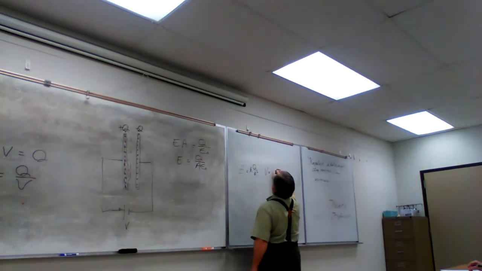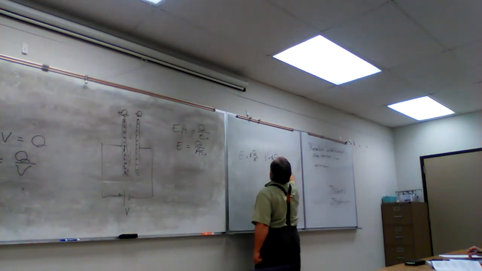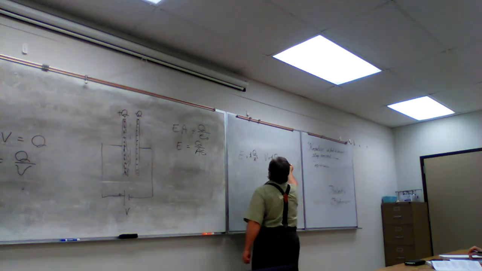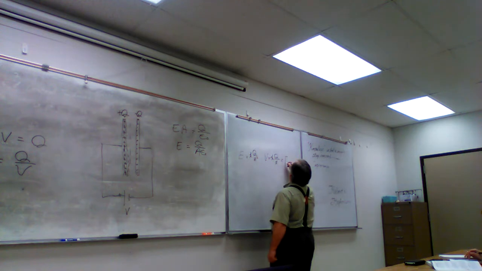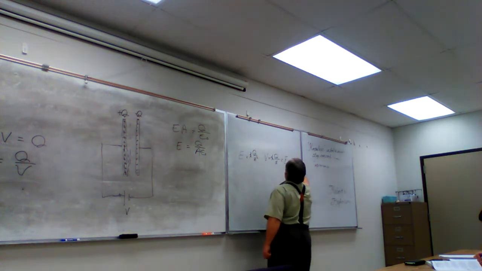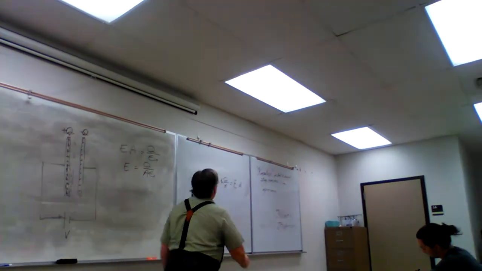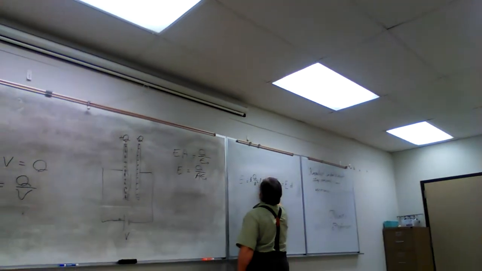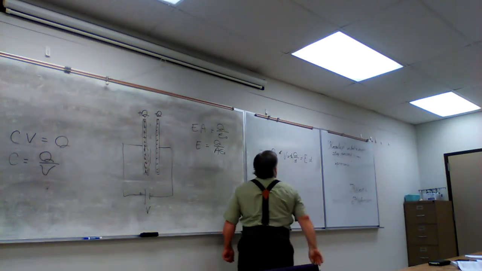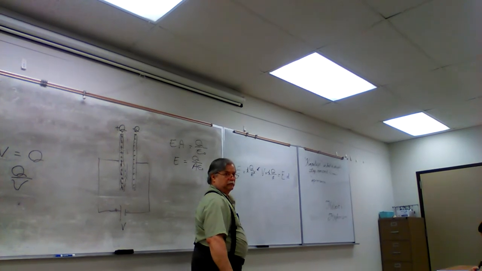V is K times Q over D, which is equal to E times D. That's what you get if you multiply E times D. See what I'm saying?